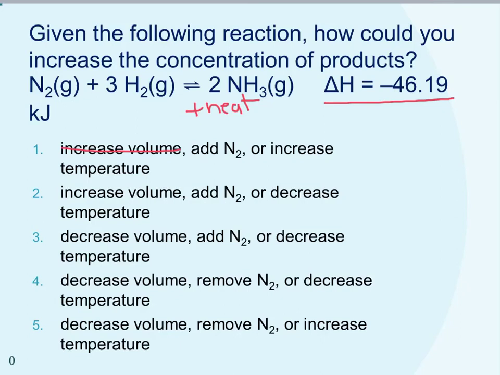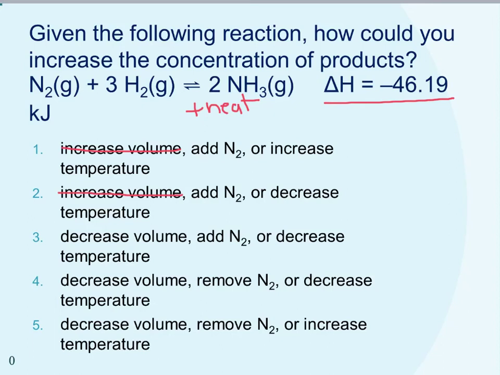However, if I decrease the volume, I'm going to increase the partial pressures of the gases, and in order to relieve that increased partial pressure, I'm going to have to favor the side that has fewer moles of gas, so it is going to favor the product side. So I can see that both 1 and 2 are not going to be reasonable answers because I can't have an increase in the volume and favor the formation of our NH3.